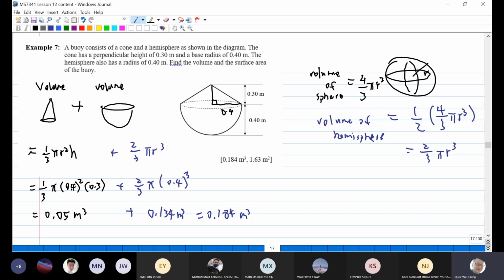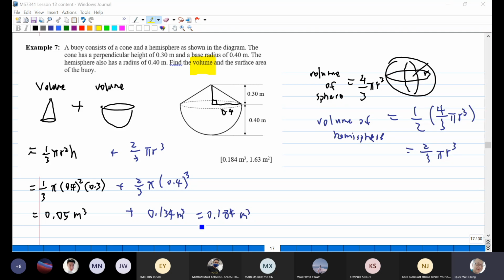So this is for part A. Find the volume. Okay, first part, find the volume. So this is how you find the volume: the volume of the cone and the volume of the hemisphere, put together.